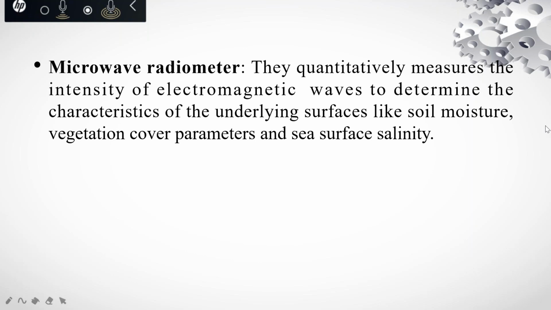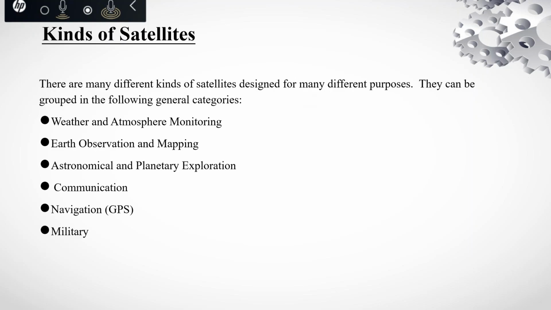Kinds of satellite. There are different kinds of satellite designed for many different purposes, but they can be grouped like this. The weather and atmosphere monitoring, which can be used for monitoring the changing weather conditions. Next is the Earth observation and mapping. Basically, this is used for observing various conditions or situations related to Earth, like the auras.